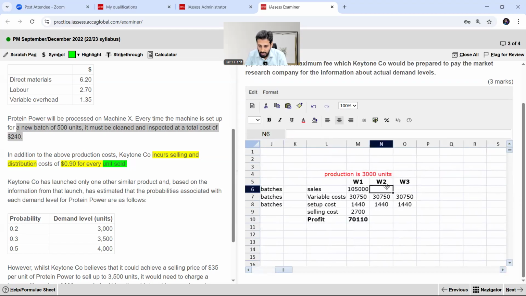In all these three, I will be selling 3000 multiplied by 35. And you can copy paste this formula. Here the selling cost is 3000 multiplied by 0.9. Oh, sorry, it's 0.9. So the same figure will be in all these three workings.